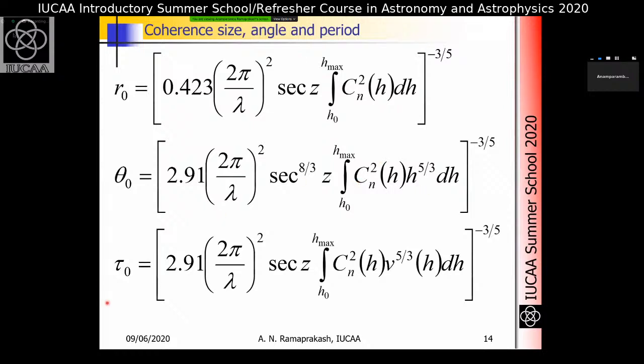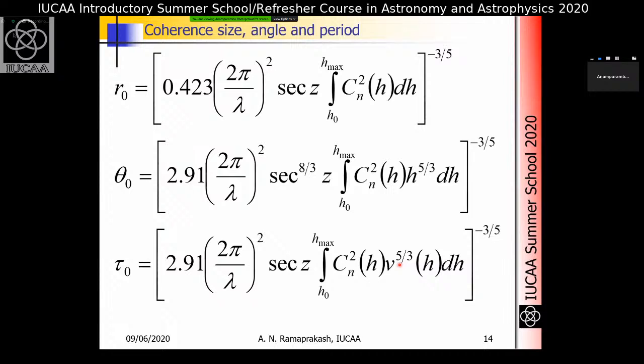And then the time scale over which the atmosphere coherent structures change, and thereby the image on the telescope focal plane also considerably changes, is given by this, where v, which is the only additional term, is the wind velocity at that height.